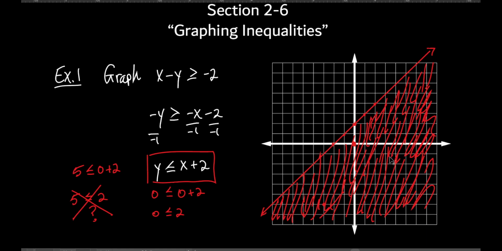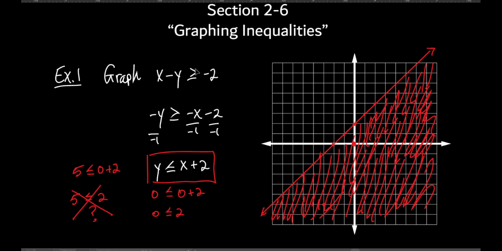Here's another way. You could pick a point, or you could just look at it and say, this says y is what? Less than. So less than would be where? Below the line. That's right. So if it says less than, it's below the line. But we want to put it in that slope-intercept form, like y equals or y is less than.